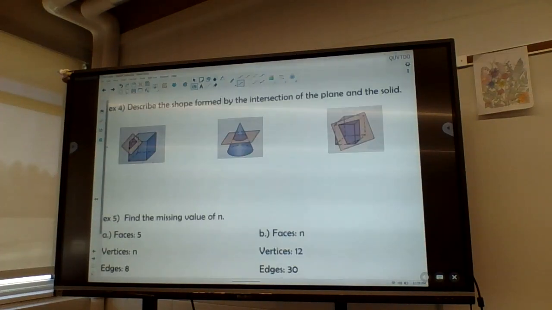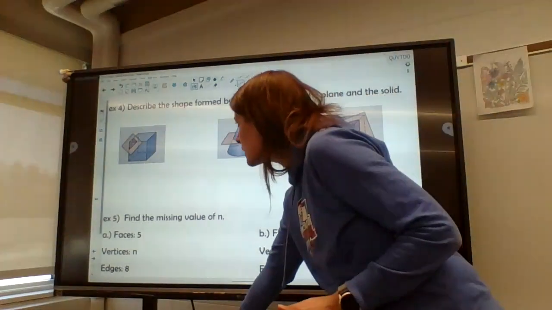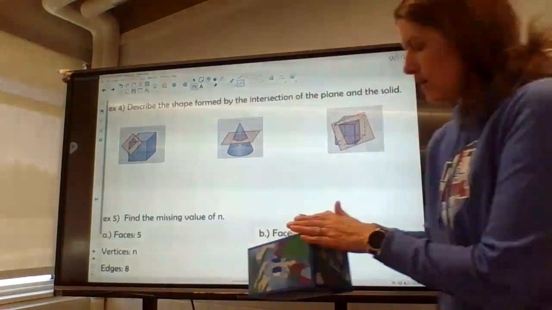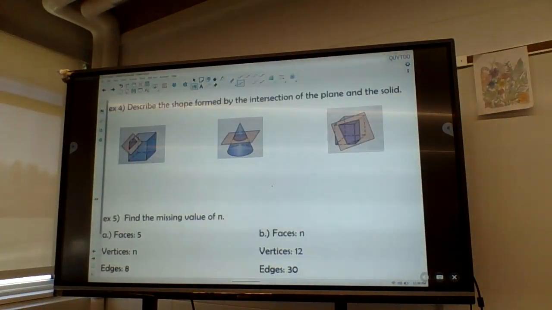So they want to know about the cross section here. If you look at this cube, and the cross section is the little pink part, I'm slicing that off. What's the shape of that cross section? Picture this as a block of cheese, and I sliced the corner off with a straight slice.